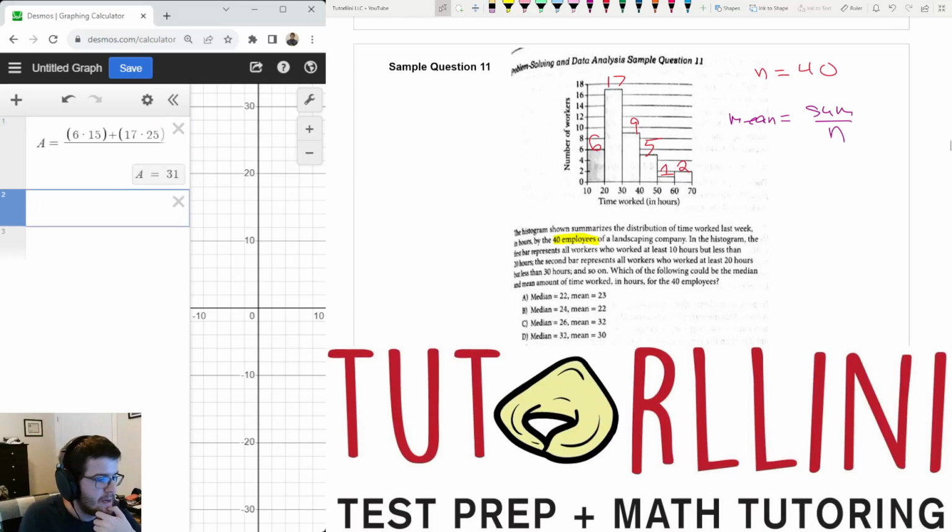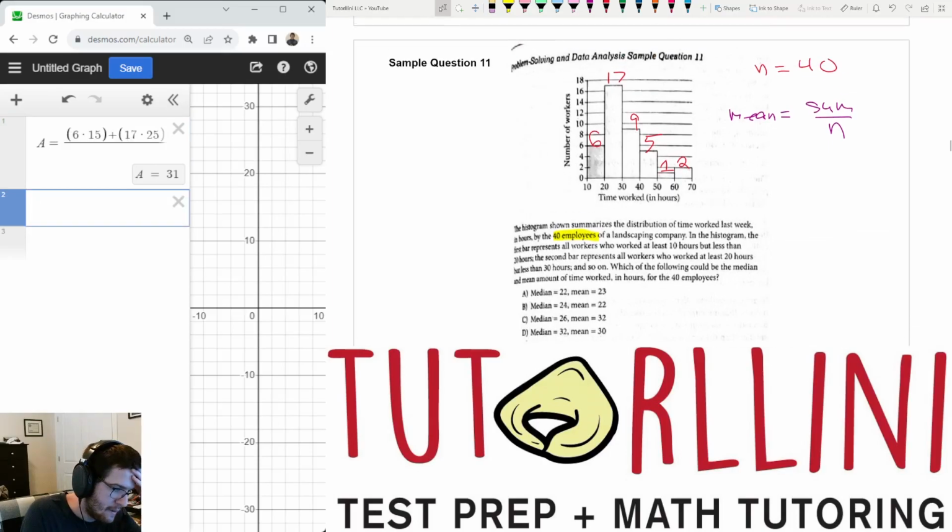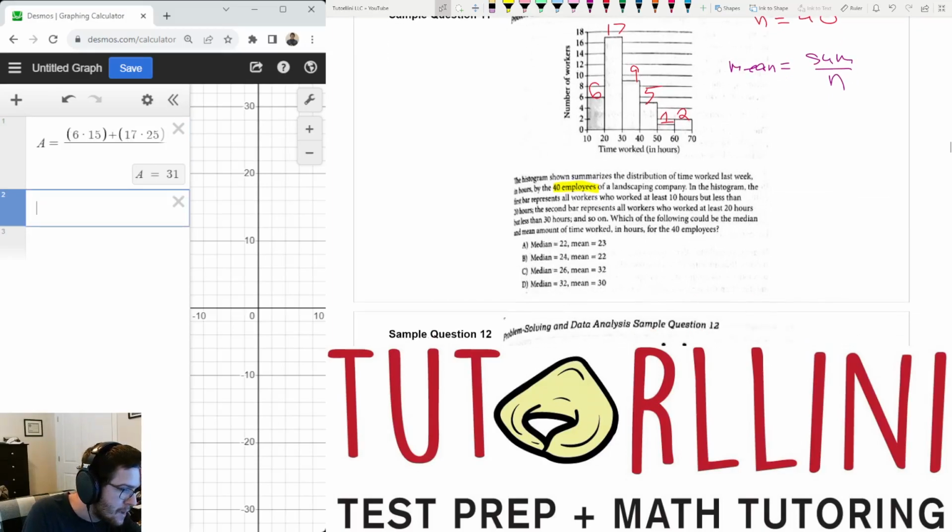Okay, it seems like my mean is 31, about. And I probably could be more scientific about this, but I'm halfway considering A and B wrong.